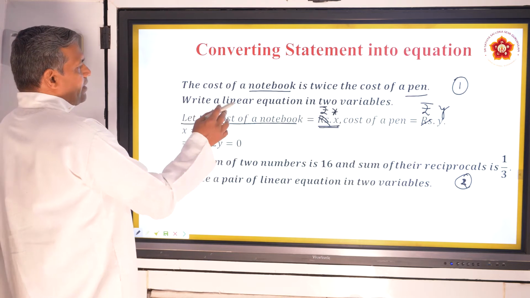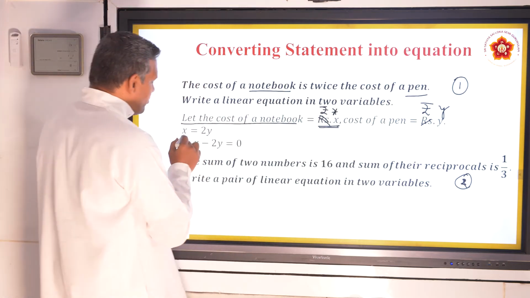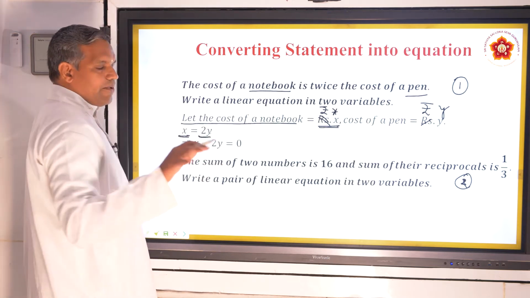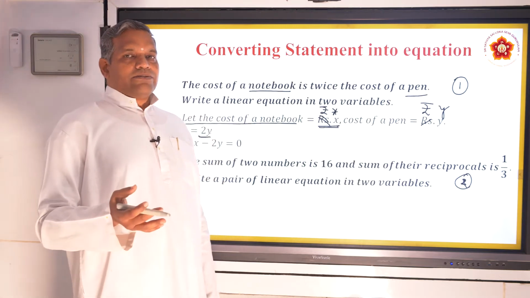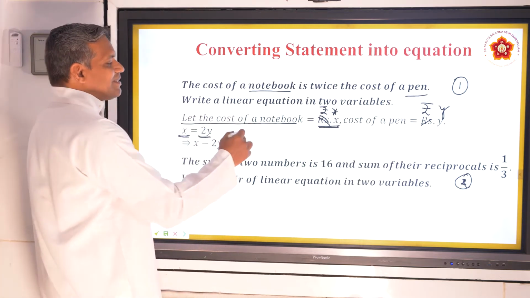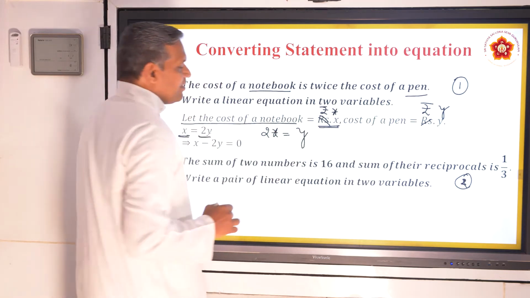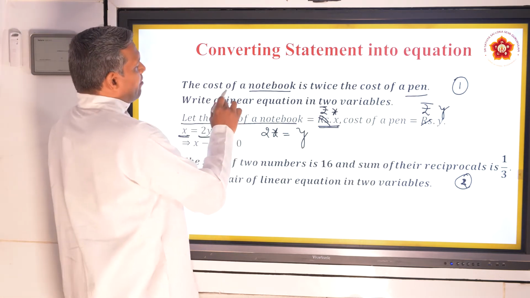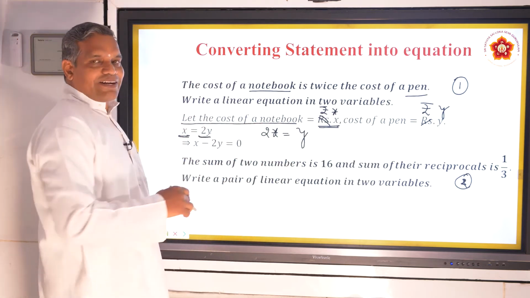Then what is the relation that they have given? The book is twice the cost of the pen. So the book, meaning x, is twice the cost of the pen. I pause here. Most of the time, many students will take 2x = y, because they think of twice the cost of the pen and write it that way.